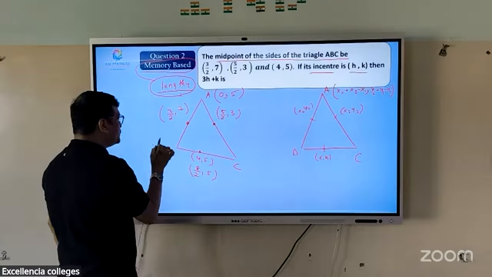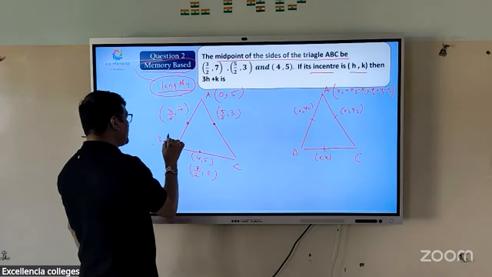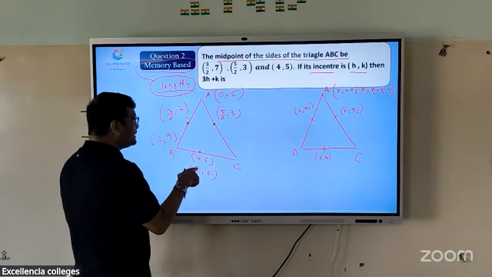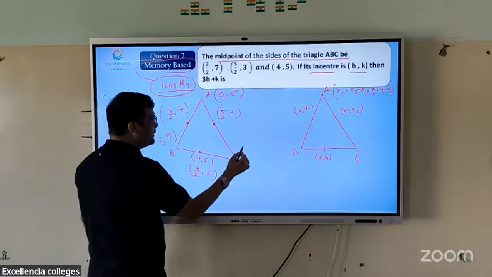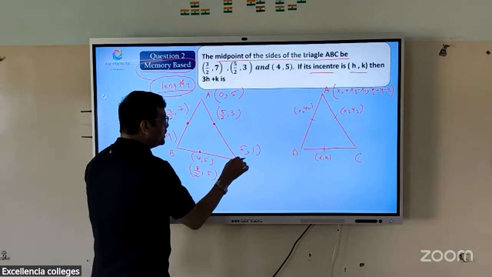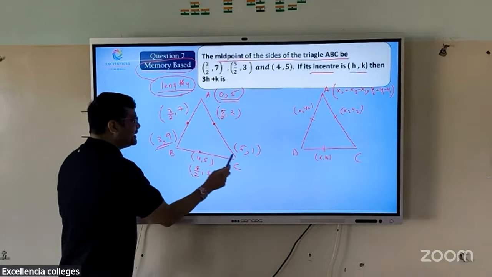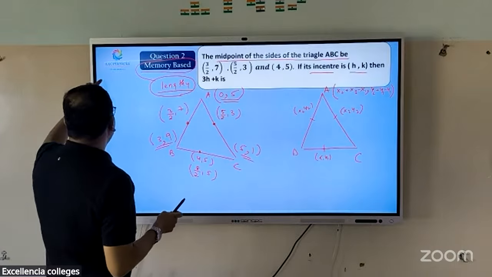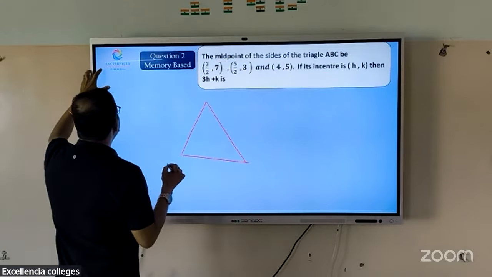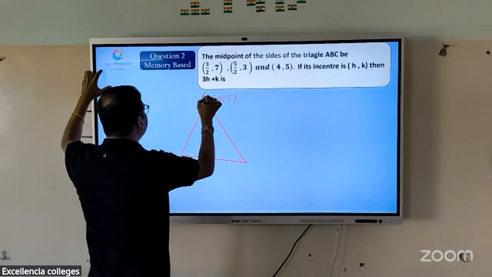This is 8 plus 13, 13 minus 3 is 10 by 2 is 5, 5 plus 3, 8, 8 minus 7 is 1. I think now the triangle has vertices (0, 5), (3, 9), (5, 1). You can check the calculation.